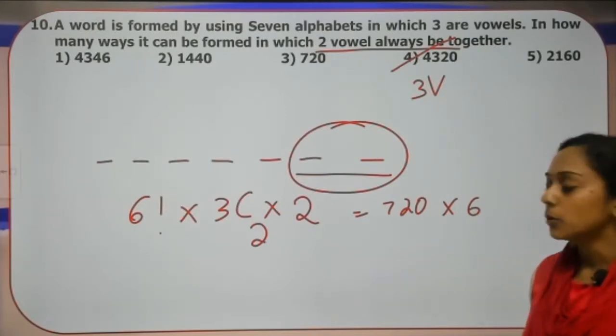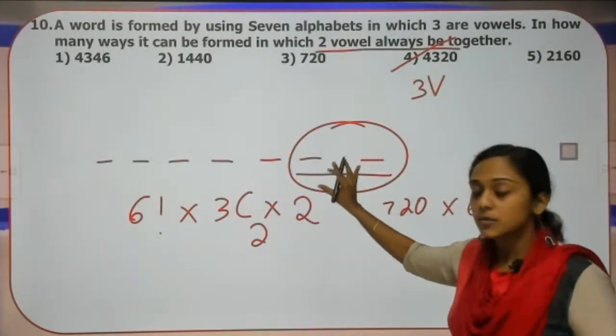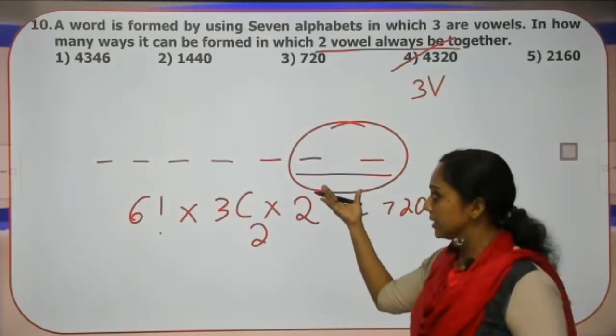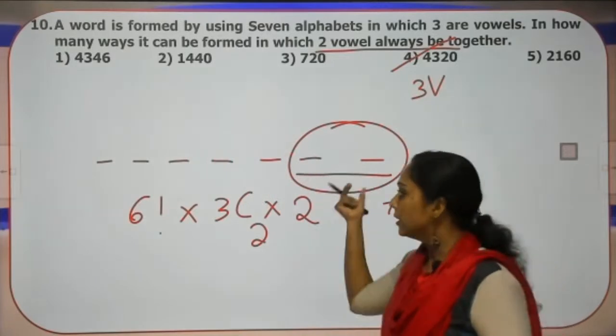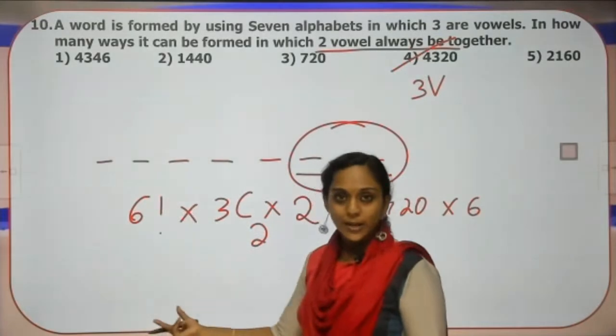Is it clear for you? You see, these 2 vowels are to be placed together, so that is why I am taking these 2 vowels as a single letter, so that while I am arranging, these 2 vowels are always together. When you are looking from outside, there are 6 letters and they can be arranged in 6 factorial ways.